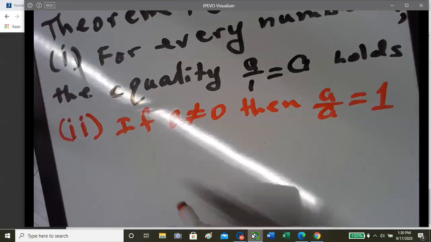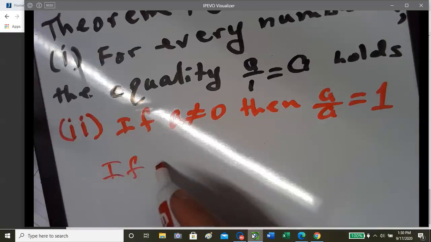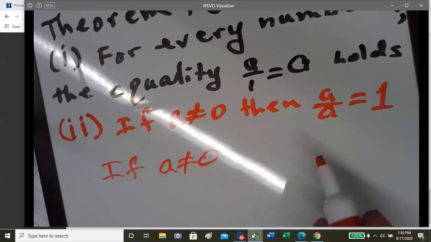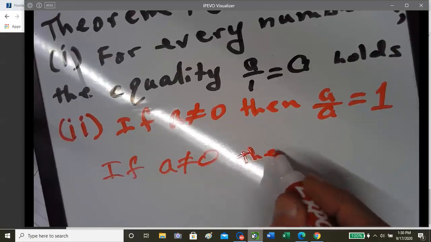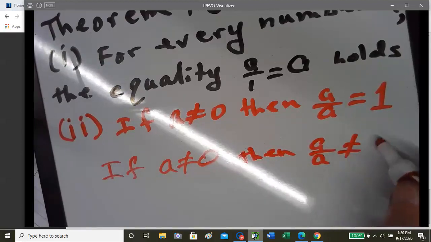Okay, so we have if a does not equal 0, then a over a does not equal 0 either.